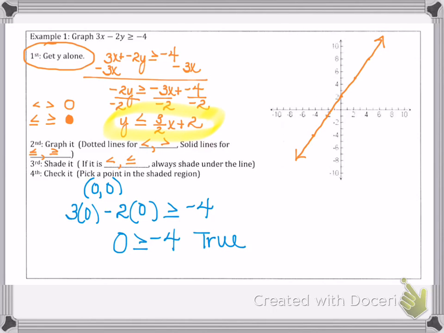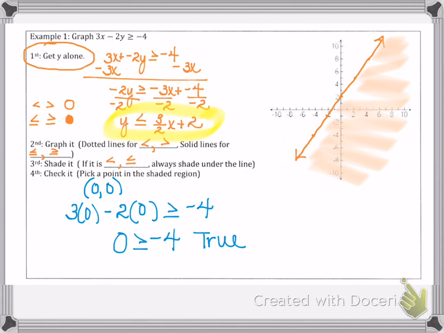So what we're going to do is shade where it's true, just like you did on the number line graphs. So you're going to shade where the 0, 0 is on your graph, and it's below the line.